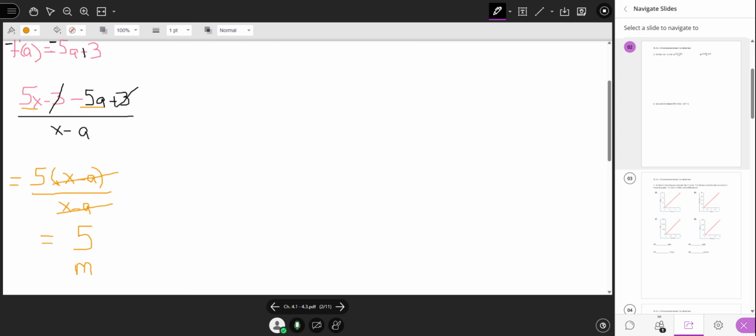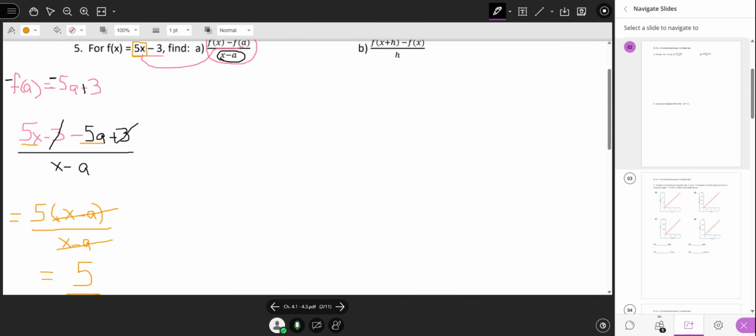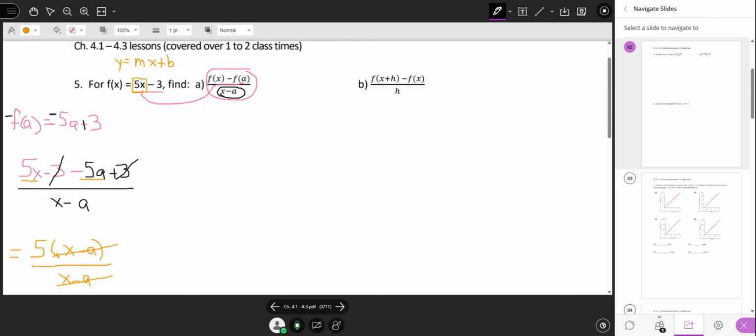How cool is that? And by the way, for your cheat sheet for test 1, you can put this on your cheat sheet for test 1.